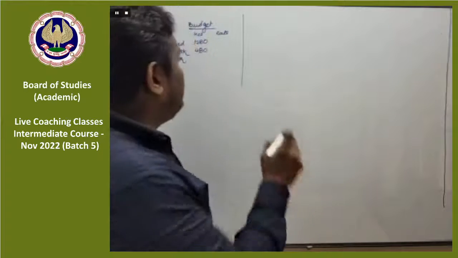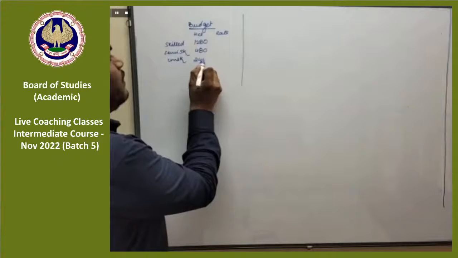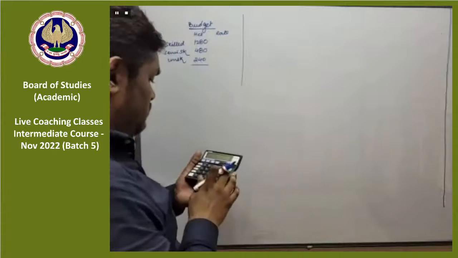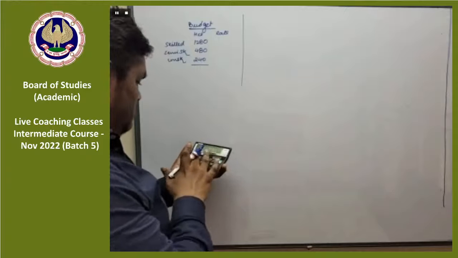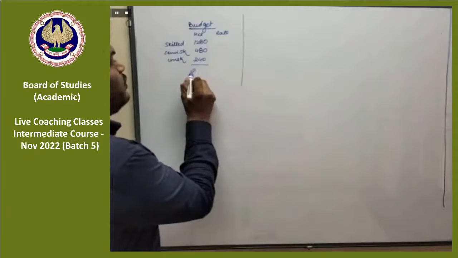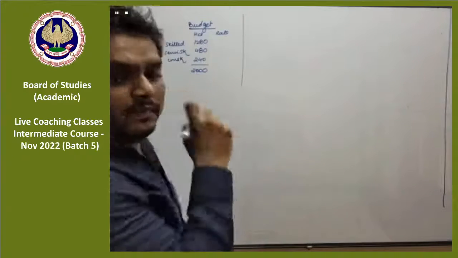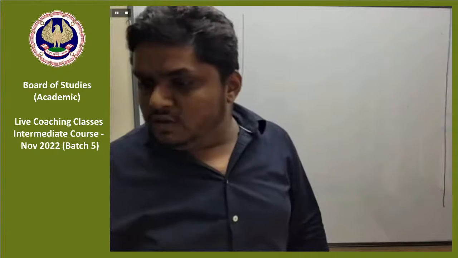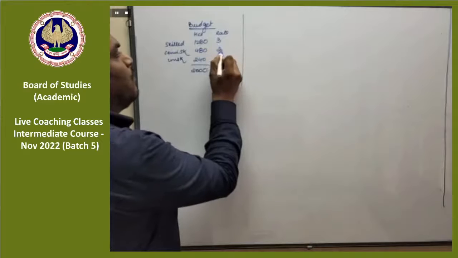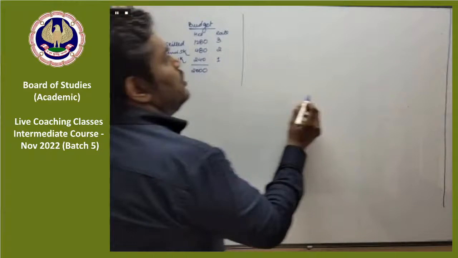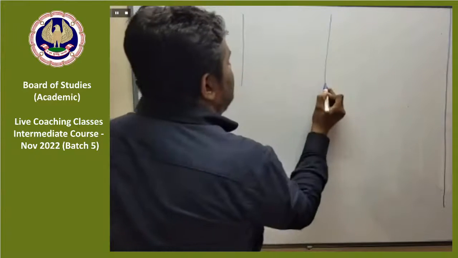And 6 into 40, that is 240. Total 2000 hours. The rates are 3, 2, and 1. So this is the budgeted data given.